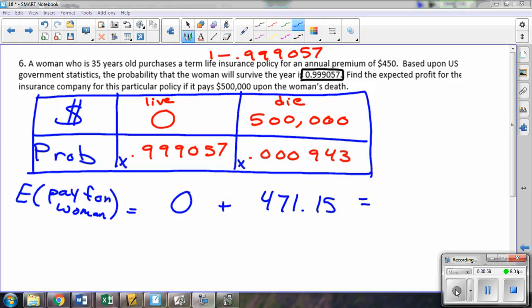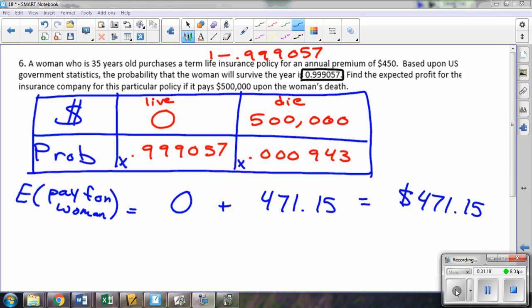Adding up those options, we will get $471.15. On average, the insurance company would expect to have to pay this person $471.15.